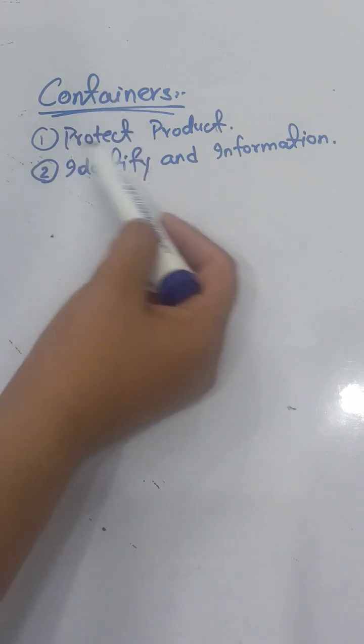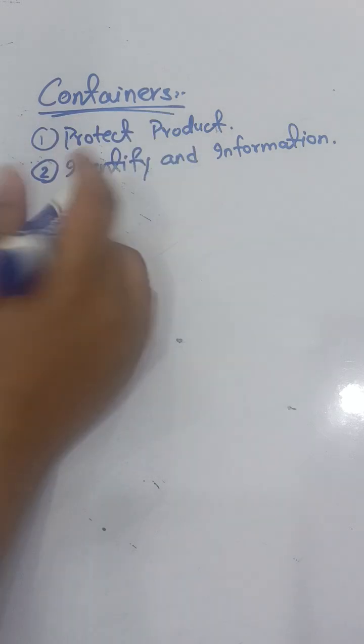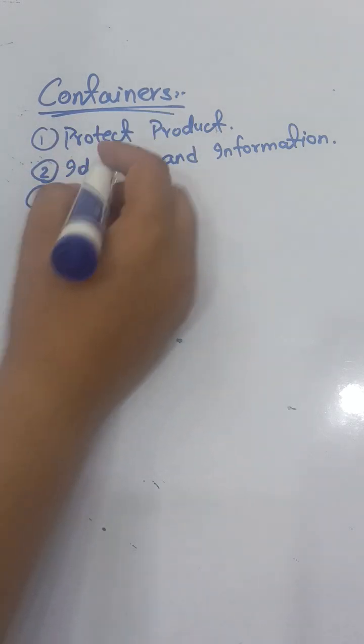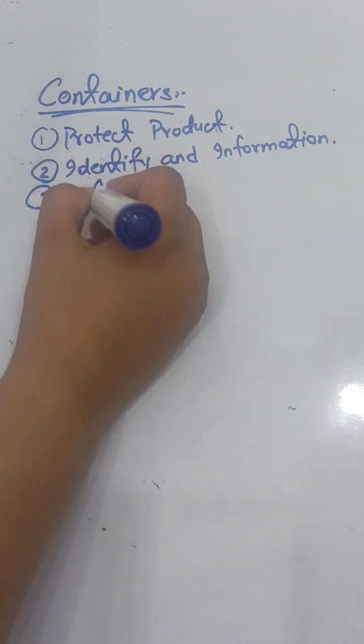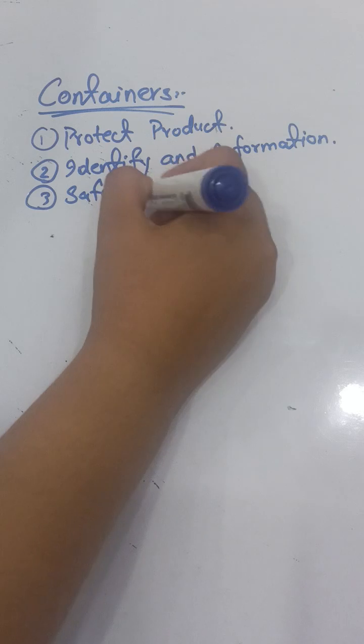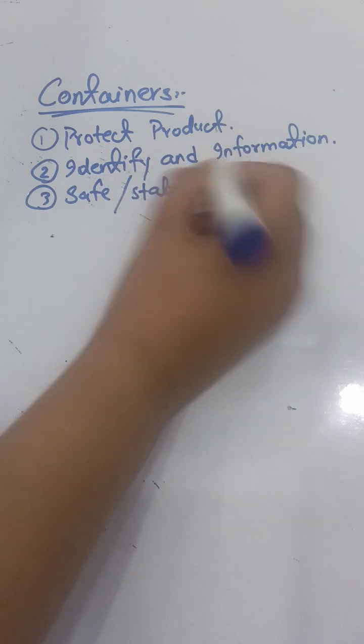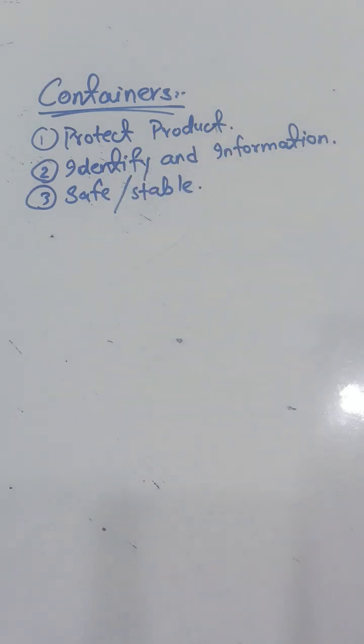It is not only going to protect it, it is also going to keep it safe and stable for a long time. That's what we need, because we don't want our product to disintegrate or expire before use. That's why the container plays an important role to make our product safe.